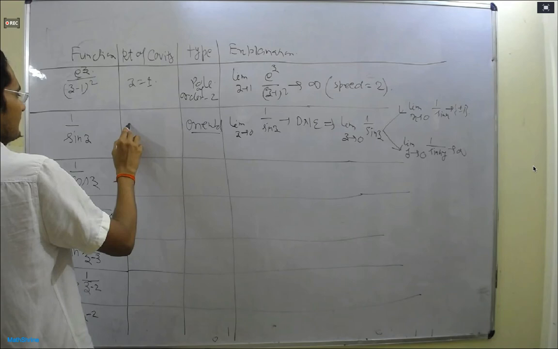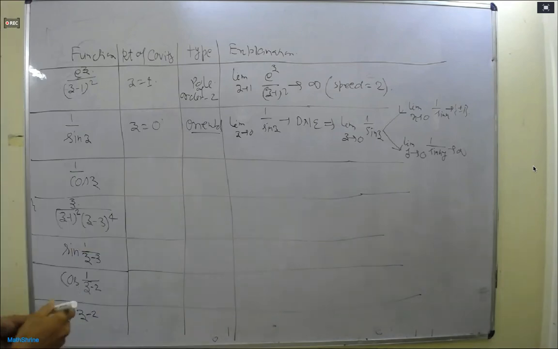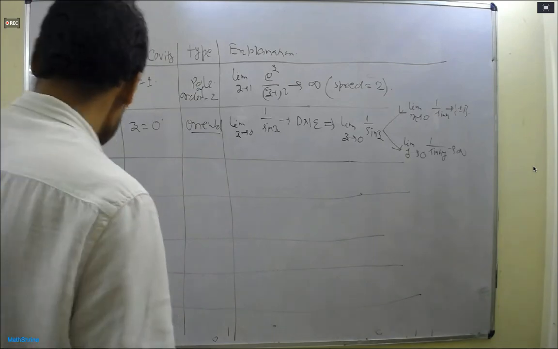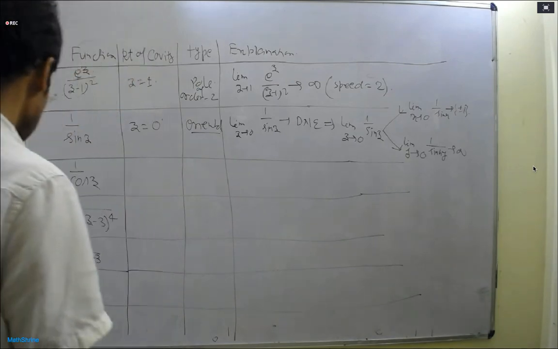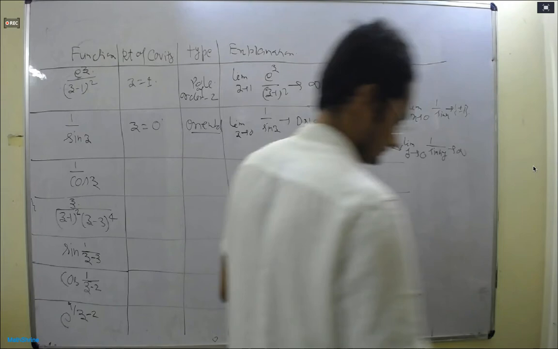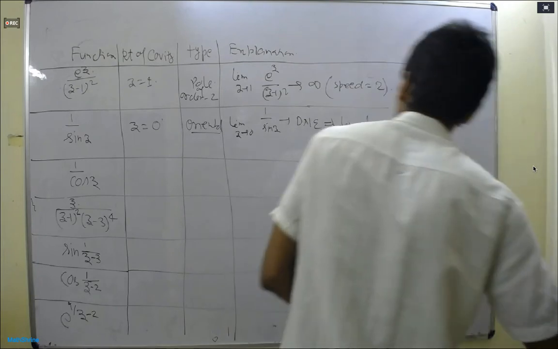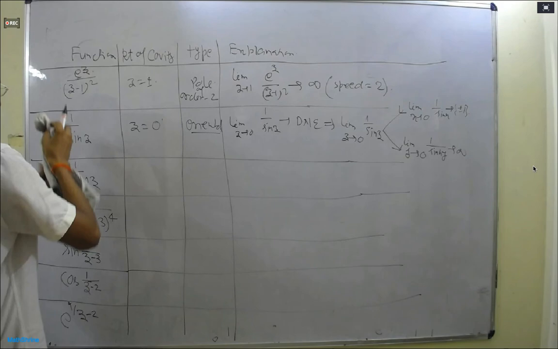Sorry, this is wrong. Make one change. Write it as sin 1 over z, then it is correct.